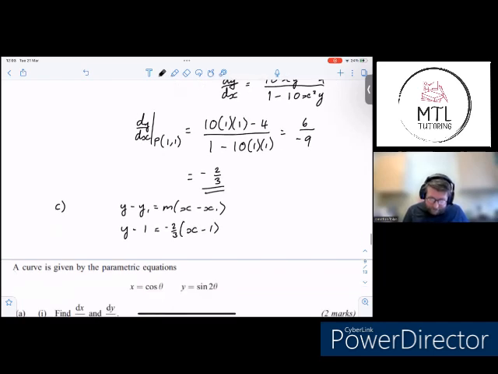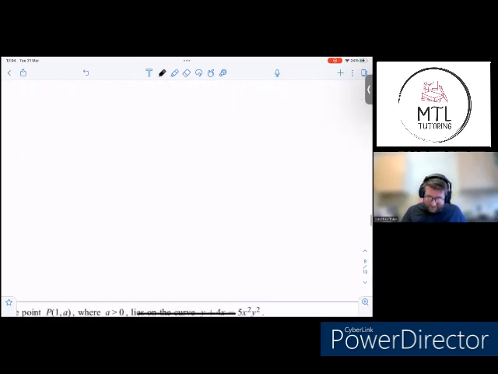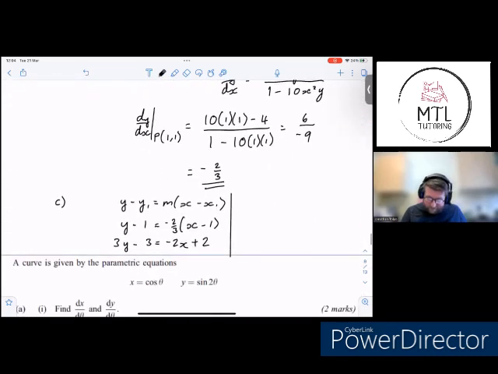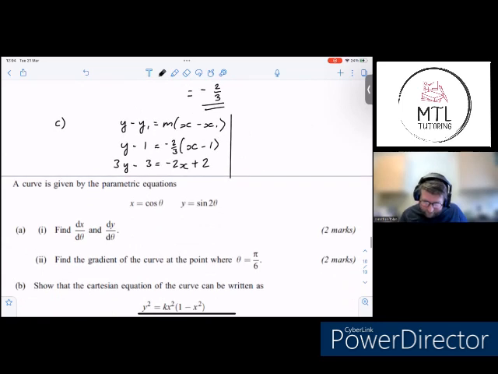Multiply through by 3, we get 3y minus 3 equals minus 2x plus 2. And let's just tidy that up over here. So, whoops, my hand accidentally went page up. Let's move it up here. So we're left with 3y plus 2x minus 3 minus 2.